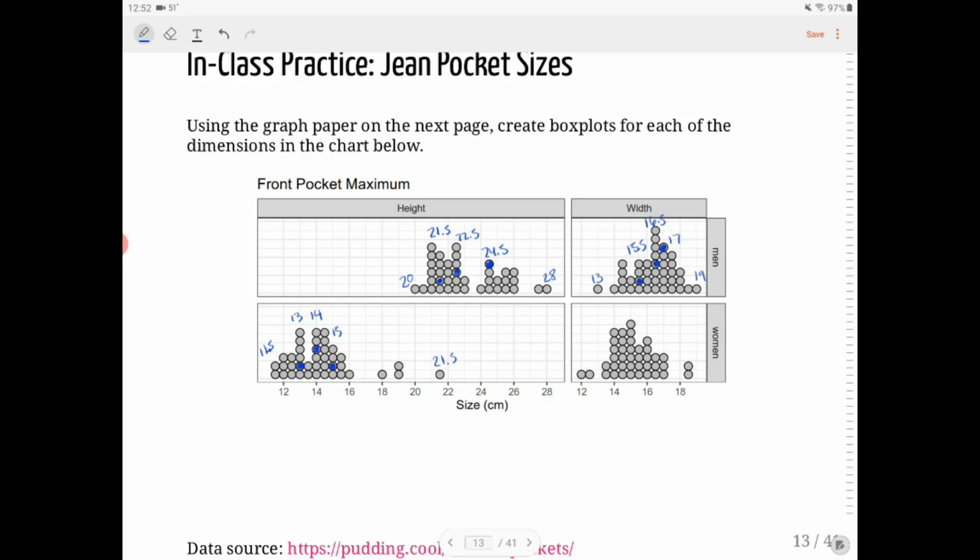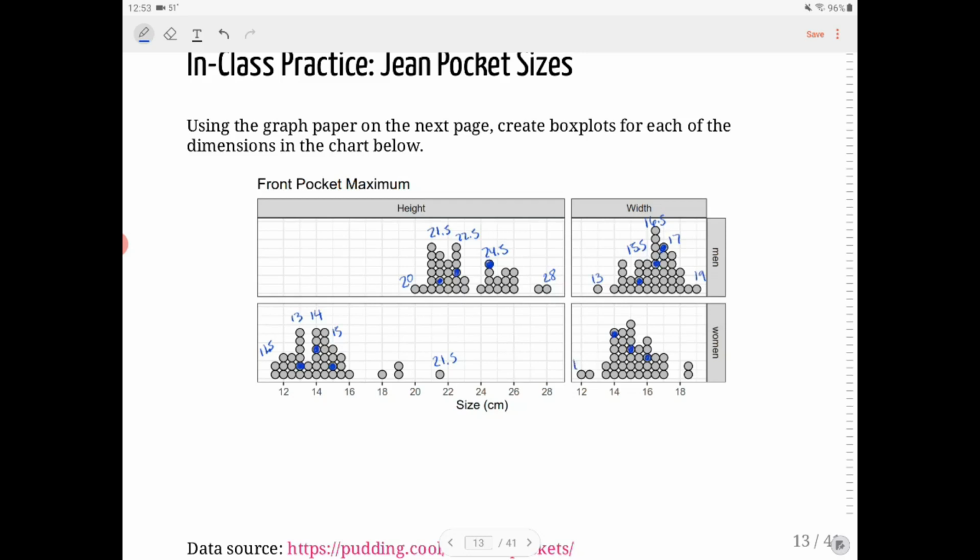All right, so same number of observations for the width, so we can just start counting by tens.